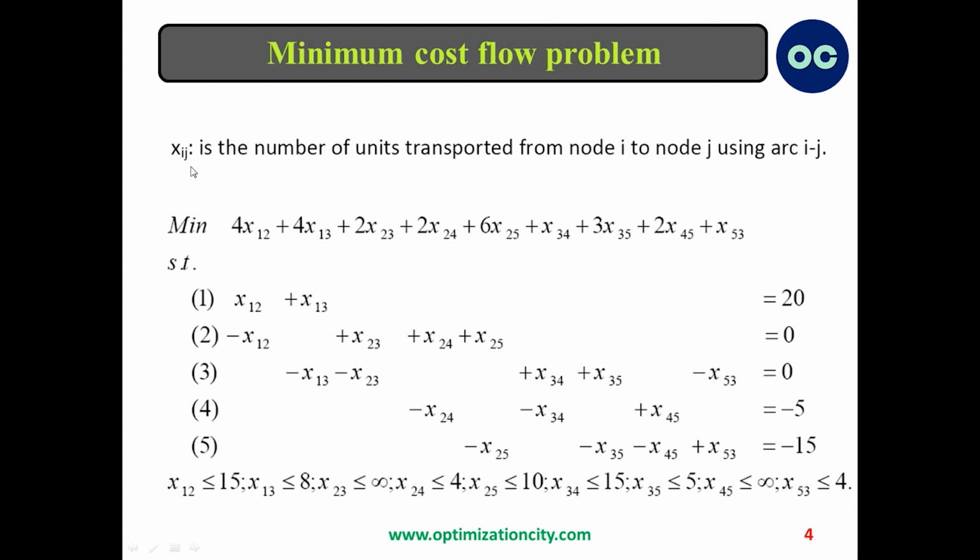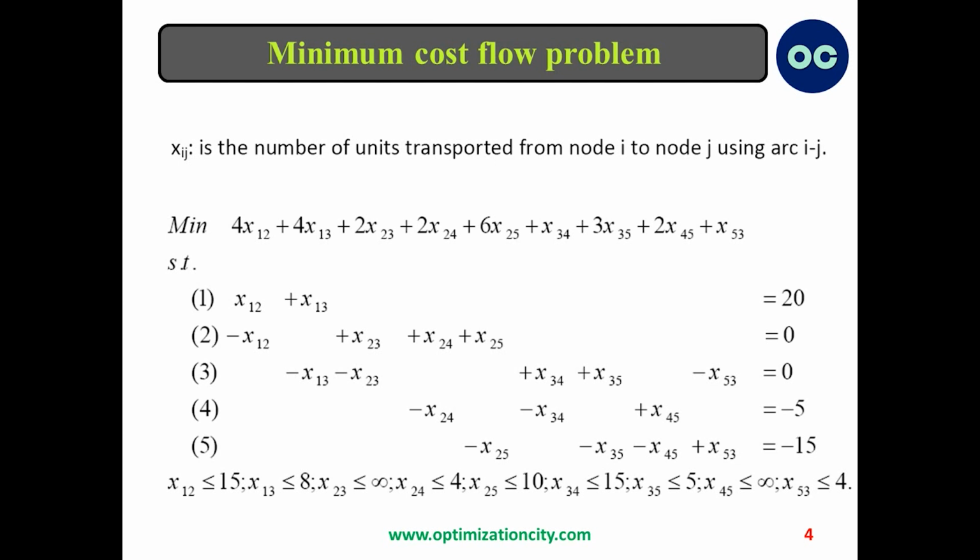Let Xij represent the quantity of units transported from node i to j using arc ij. This is the main variable that we use in this problem. Now let's present the linear program model for the minimum cost flow problem. Equations 1 to 5 represent the flow balance equations in the network.